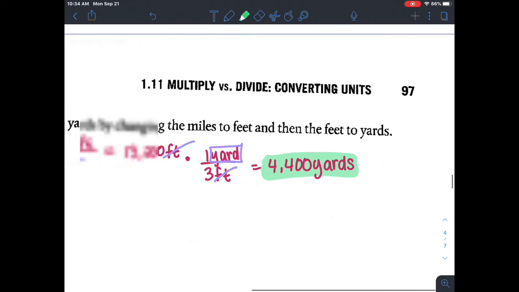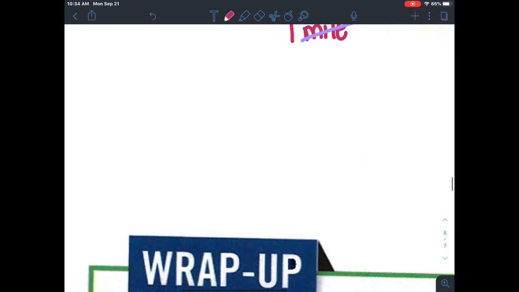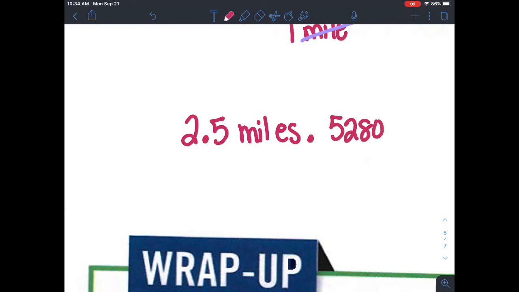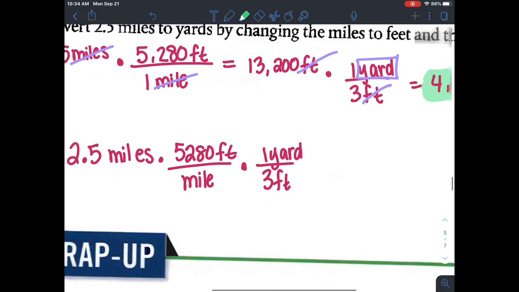If you didn't want to break that up, you can do it all in one swift motion here. You can have 2.5 miles times 5,280 feet per mile, and then we need feet to yards, and there are 3 feet in 1 yard. And then I would just recommend canceling out your units to make sure that you're left with what you want.